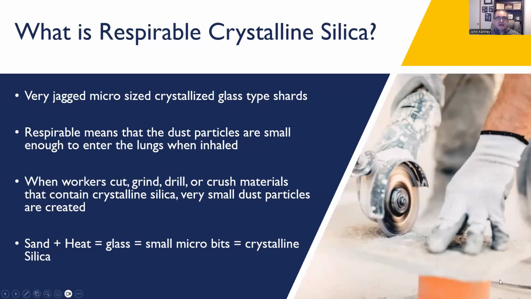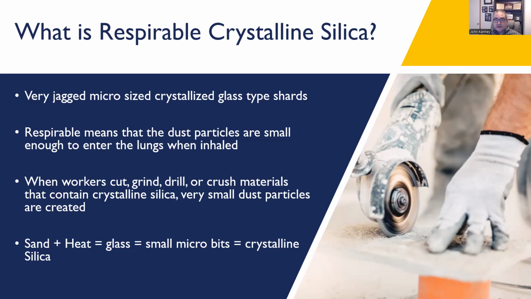What we're going to talk about today is crystalline silica. What is it? First of all, it's very jagged, micro-sized, crystallized glass-type shards, very similar to what we've talked about with asbestos over the years. This is a similar type of product, except it is crystallized glass-type shards that come off of different products. It means that the dust particles are small enough to enter the lungs when they are inhaled.